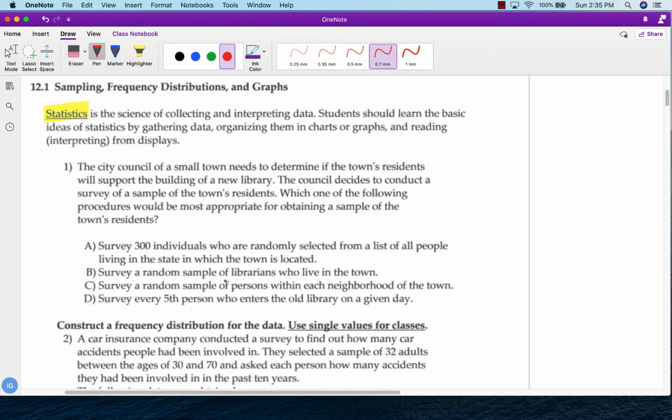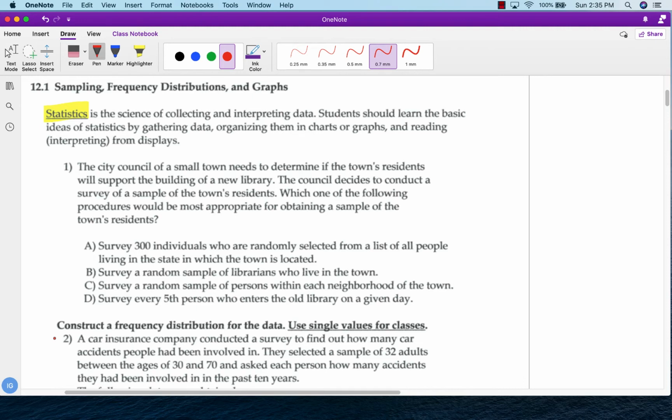Okay, so I need you guys to read the following 4 options. It's a multiple choice question here and select which one you think will be the most appropriate procedure for this. Okay, so I'll read them for you. A, it says survey 300 individuals who are randomly selected from a list of all people living in the state in which the town is located.